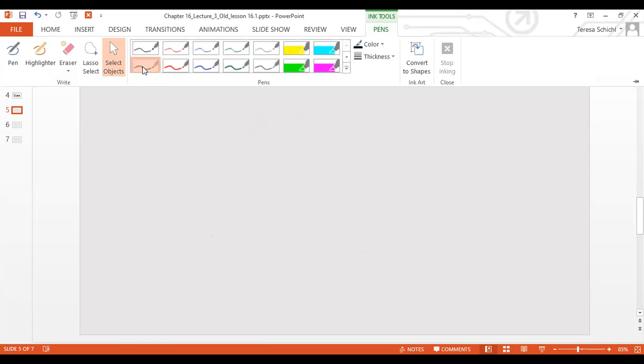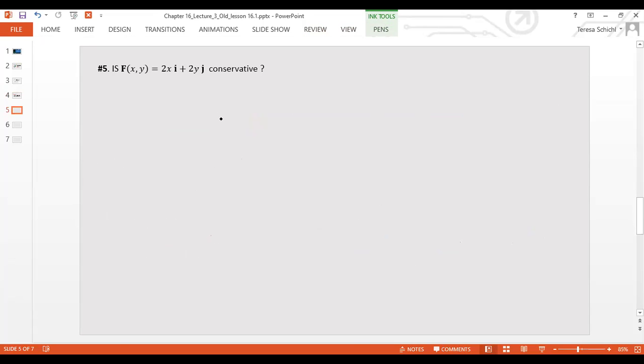Okay, so for the first one, they said yes, this one is conservative. If this is conservative, that means there exists a function f, and then this F will be equal to del f of x, y here.